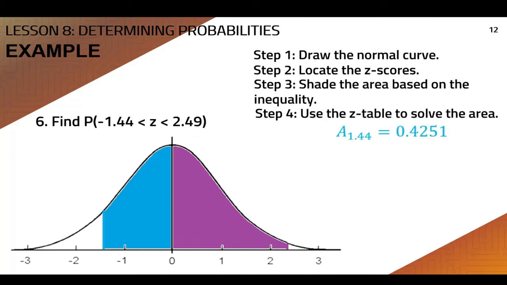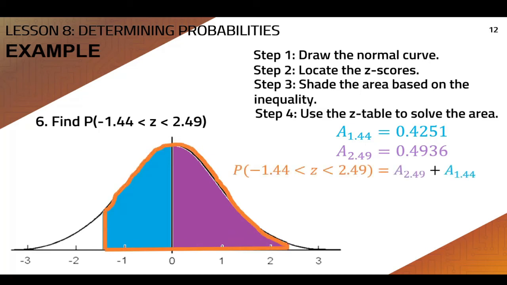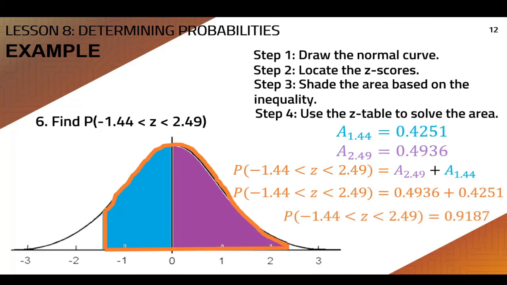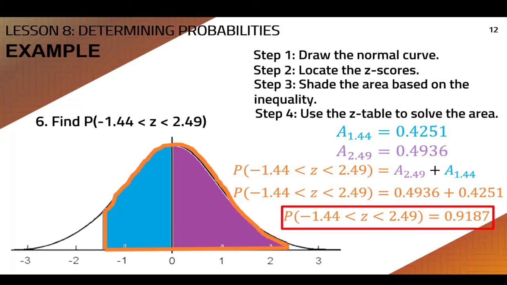Okay? So, unang area ng 1.44 is 0.4251. Then, yung area ng 2.49 ay 0.4936. Pag pinagsama natin yan, makukuha natin yung buo. Therefore, by doing so, we can get the probability, which is equal to, ayan, 0.9187. Ayan.